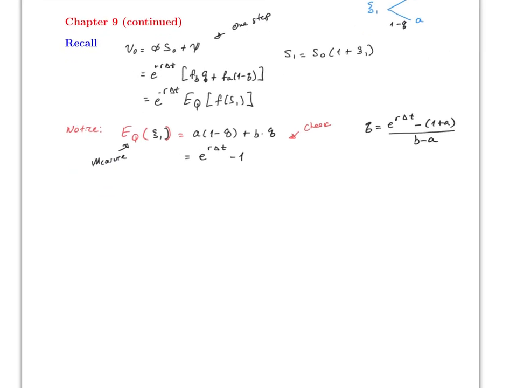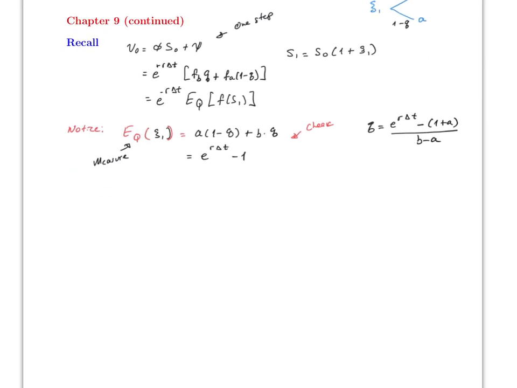So therefore, if we use this result, then this implies that the expected value with respect to Q of S1 has to be the expected value of S0 times 1 plus C1. You can take out S0 since it's a constant, and then this will be the expected value of 1 plus C1.